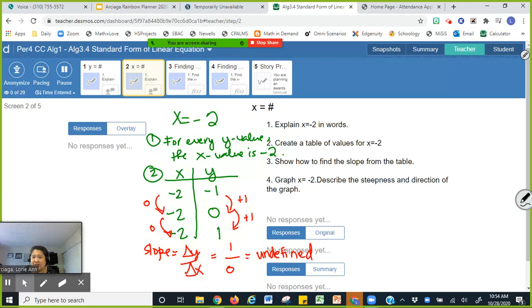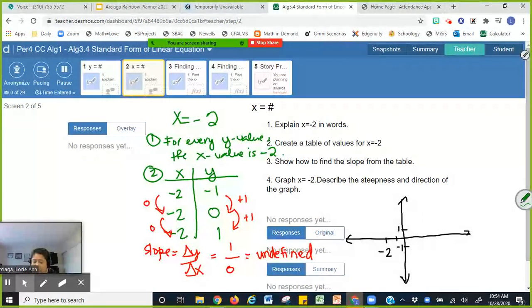For now, let's create a graph over here. So the x is -2, and the y's are -1, 0, and 1.